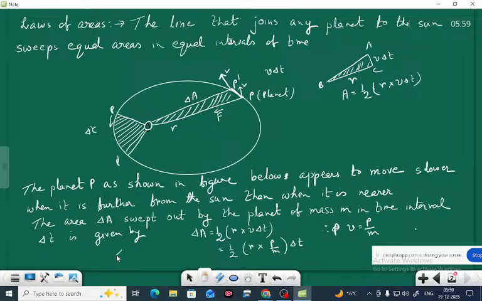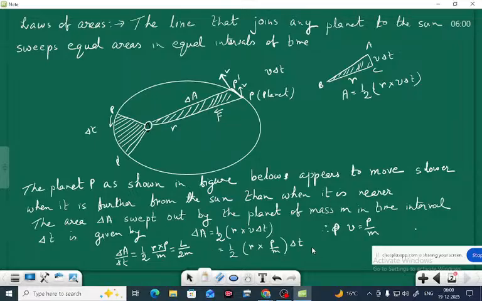Or you can write del A by del t equal to half into r cross p by m. And what is r cross p? We know that r cross p is L, what we call the angular momentum, right?